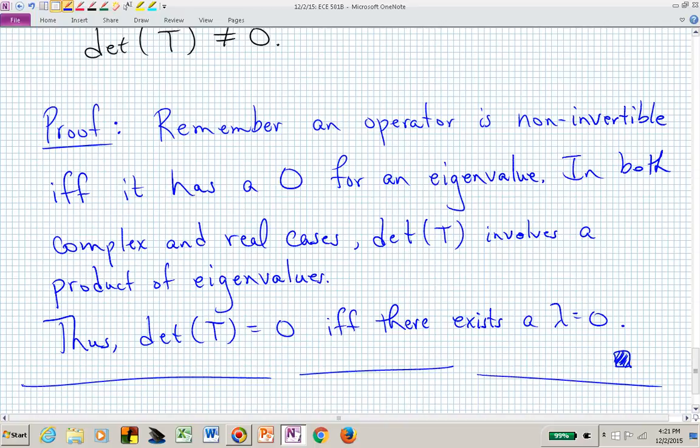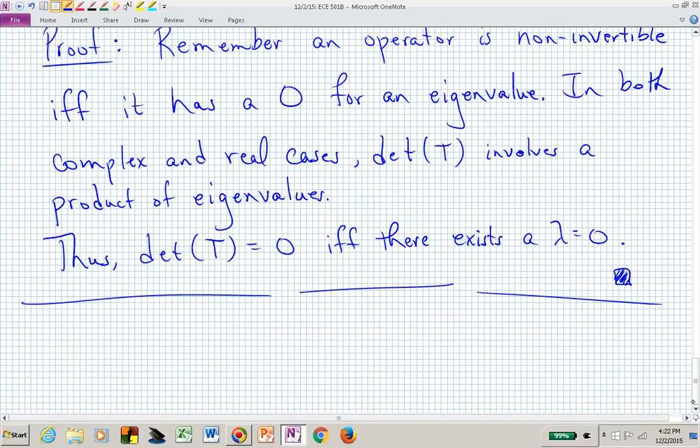So if you were trying to determine whether you have an inverse for this linear operator or a matrix, and somebody gives you the eigenvalues or the determinant information, you can immediately make that call, yes or no. You don't know the inverse necessarily, but you know one exists.